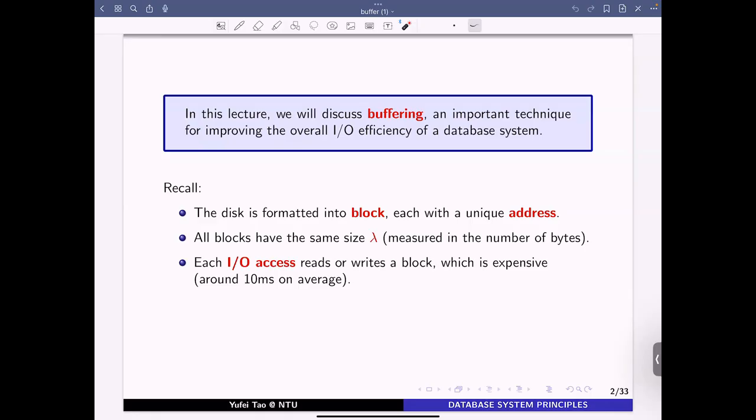If you ask that question, it's a great question, because you have got the idea why CPU time is typically negligible compared to IO time.